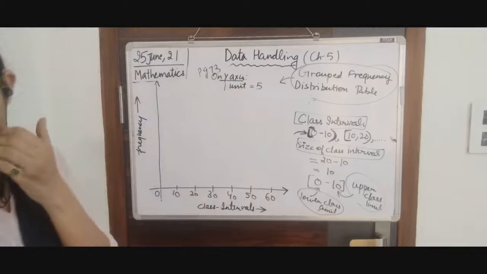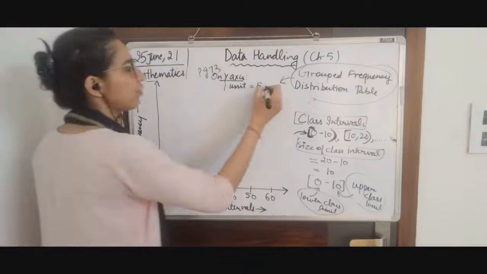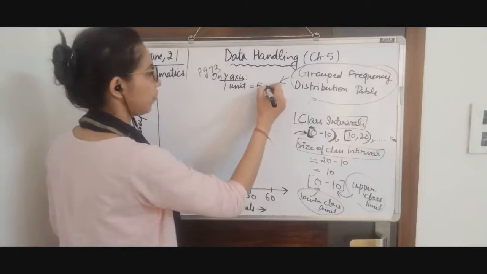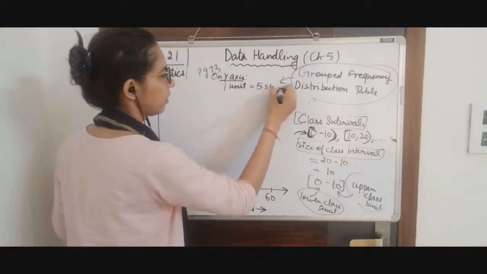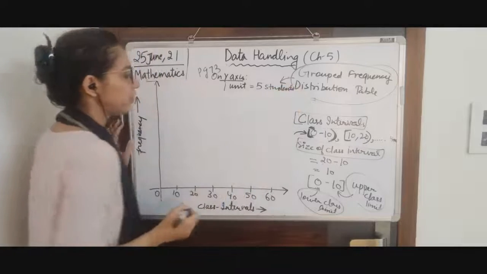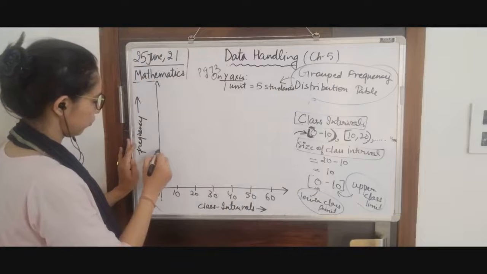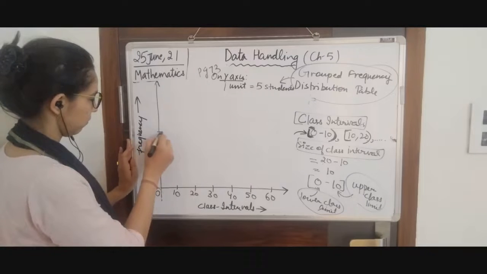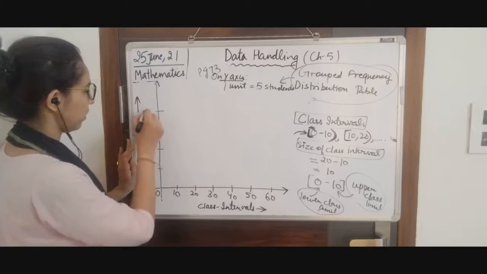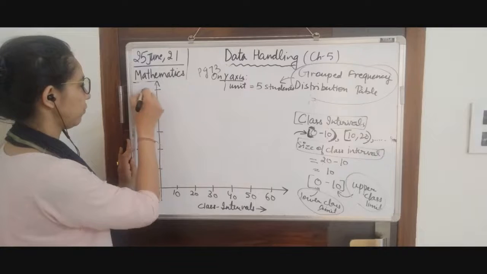Will that be enough? Yes, it will be enough. 5 students. 1 unit is equal to 5 students. So I am going to write 5, then 10, then 15, then 20, and then 25.